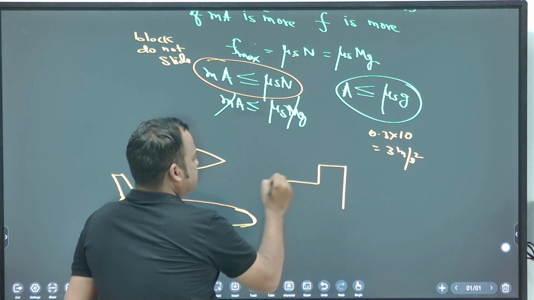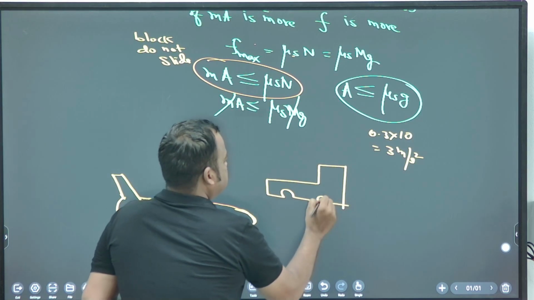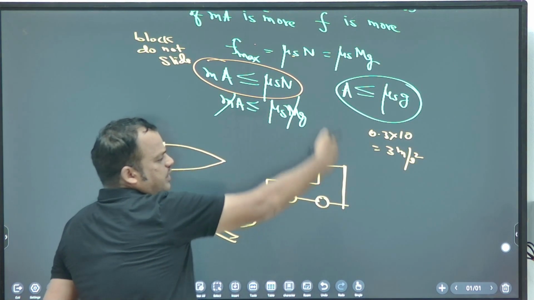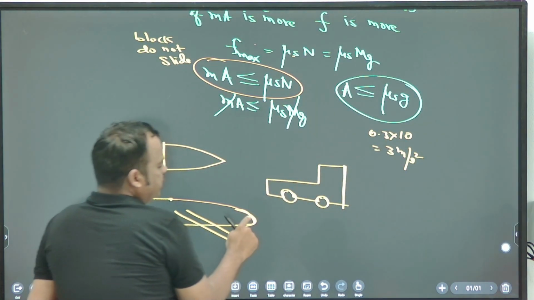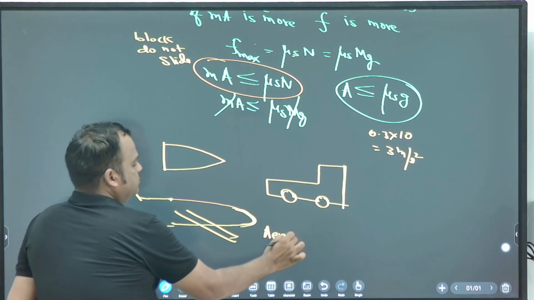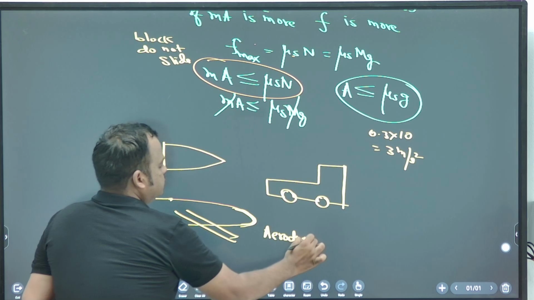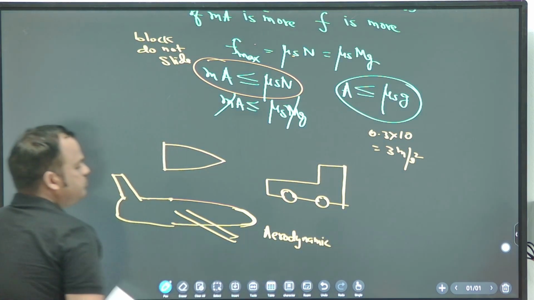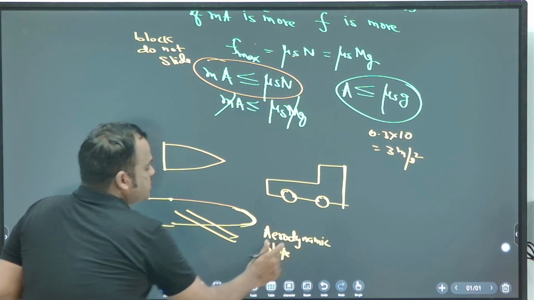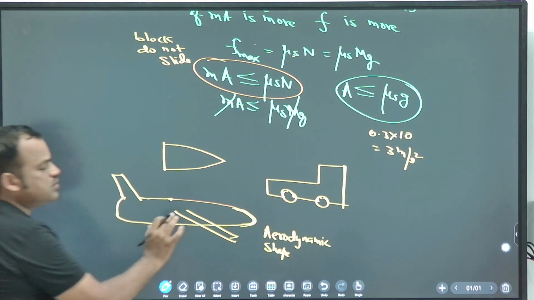Truck is like this. The front surface of the truck is vertical, but the aeroplane is like this; it is not the same. Aerodynamic shape. So what is the use? Why?